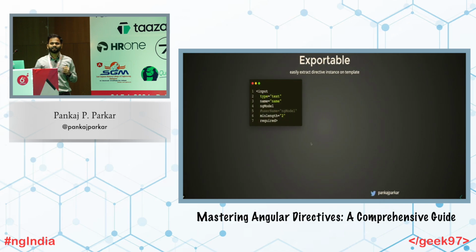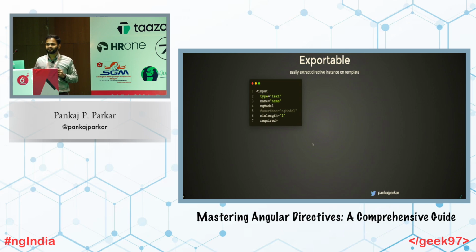Okay, moving ahead, exportable directives, the next type. So basically this kind of directive helps to easily extract an instance or template. What I mean by that is, most of you have used template driven forms, right?